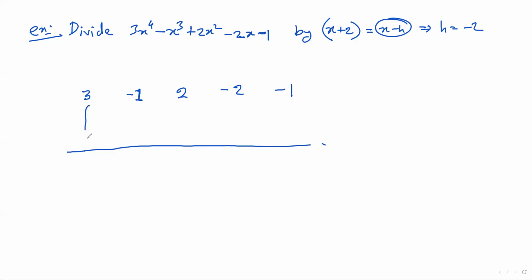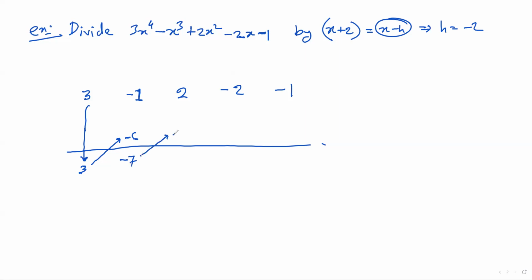So 3 comes down directly because A naught is P naught. Then multiply 3 by h, which is minus 2. So 3 times minus 2 is minus 6. Add minus 1 and minus 6 to write minus 7.